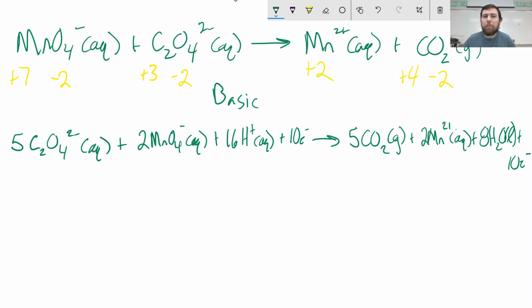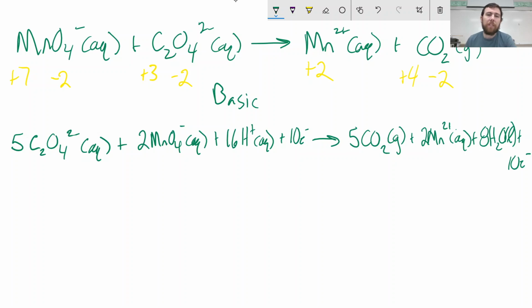Now, if this is in basic solution, remember what we have to do is add an appropriate number of hydroxides to the side that contains the hydrogens, because if it's in basic solution, it's not going to have excess H+, it's going to have excess OH-.